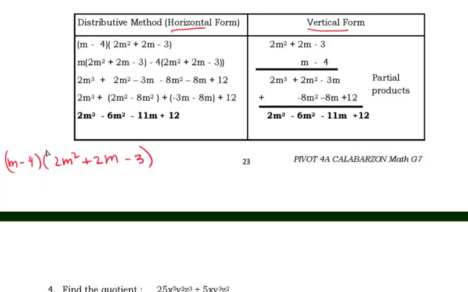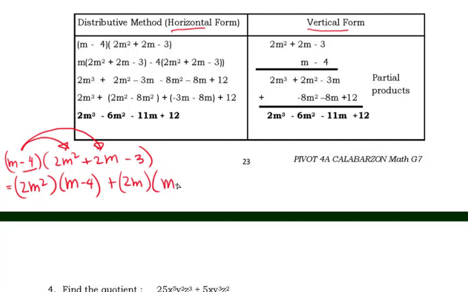We multiply them one by one. First these two, so it becomes 2m square times m minus 4. Plus, next, 2m times m minus 4. And the last, minus 3 times m minus 4. All of them are multiplied by m minus 4.